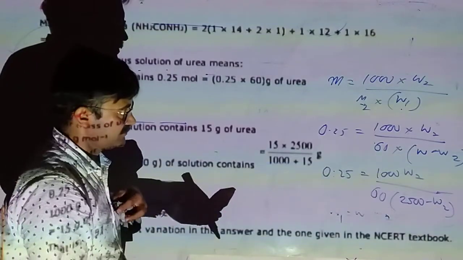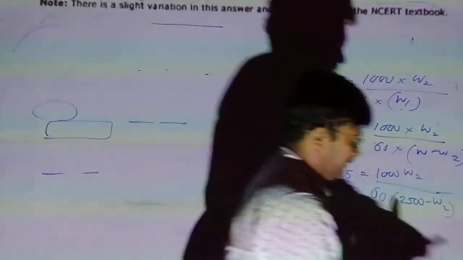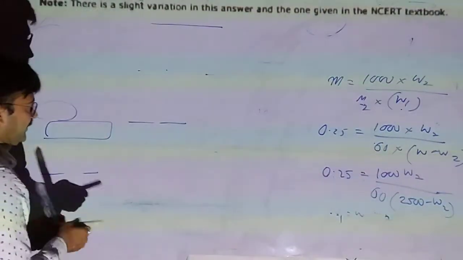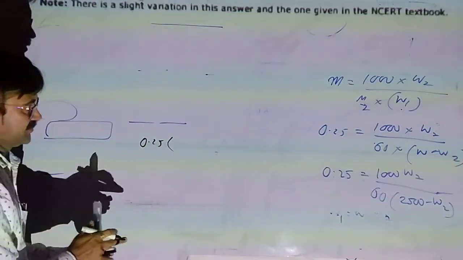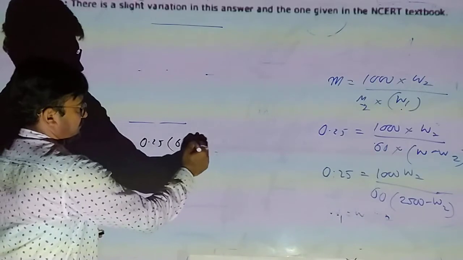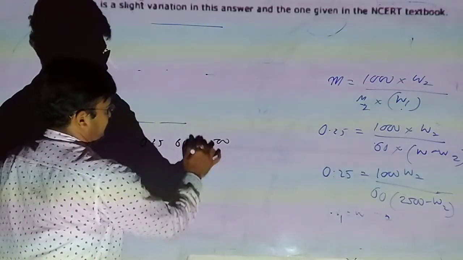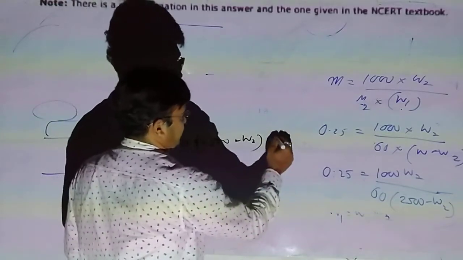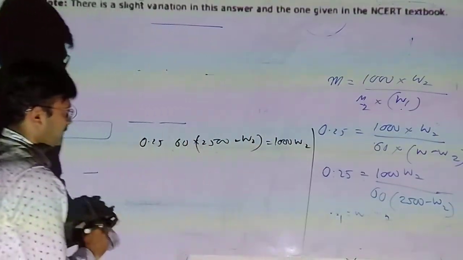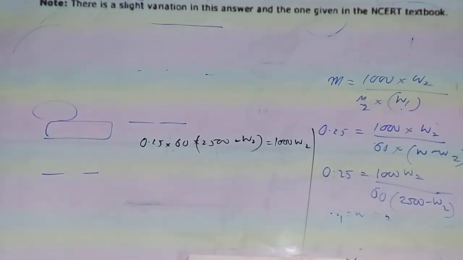So 0.25 into 60 into (2500 minus W2) is equal to 1000 W2. 0.25 into 60 gives 15.